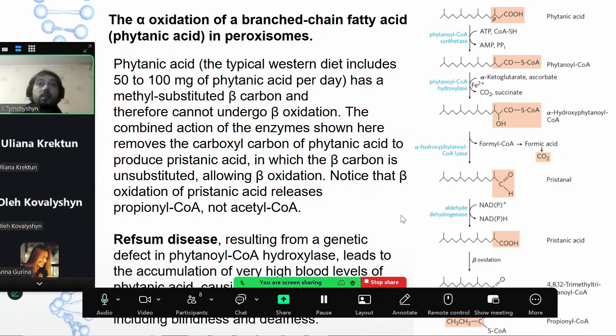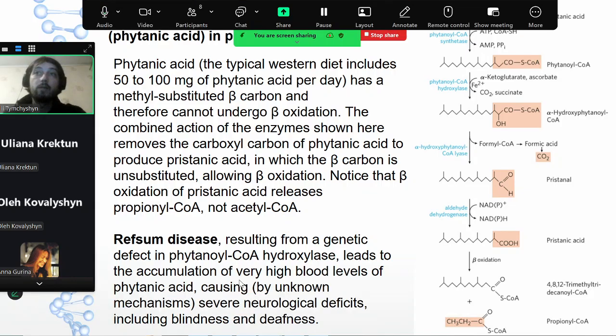Notice that beta oxidation of pristanic acid releases propionyl CoA, not acetyl CoA. So odd chain fatty acids release propionyl CoA.